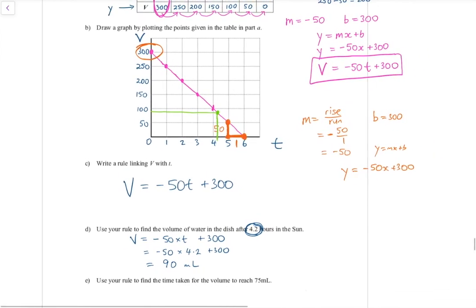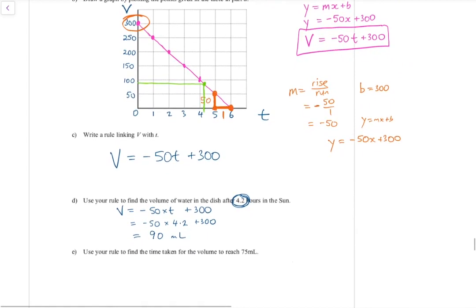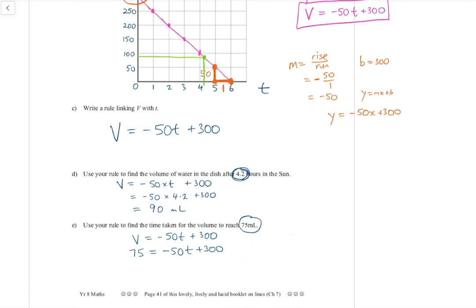Now, part E says, use your rule to find the time taken for the volume to reach 75 millilitres. Well, my formula is this. So if I want the volume to be 75 millilitres, that means the volume is 75. So now I need to do a little bit of algebra.